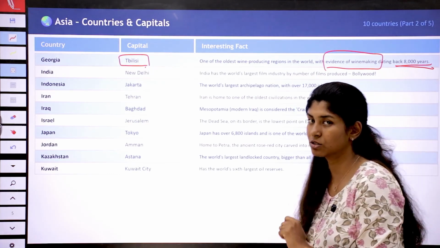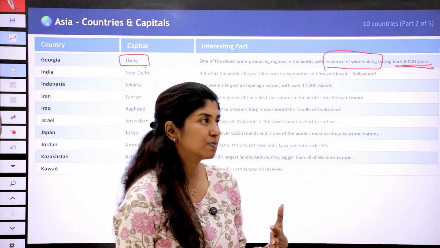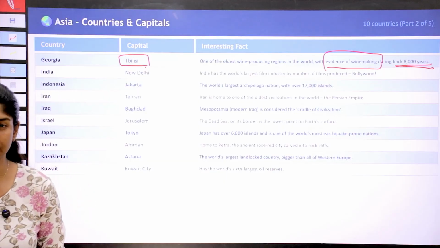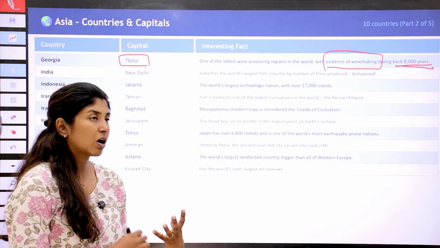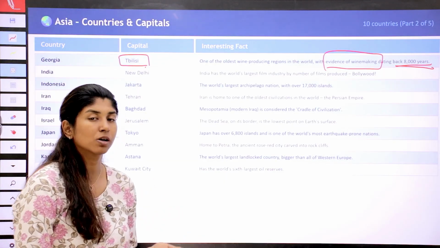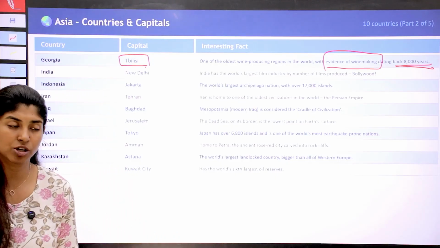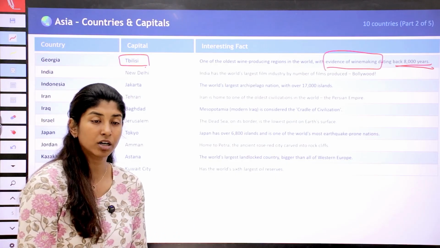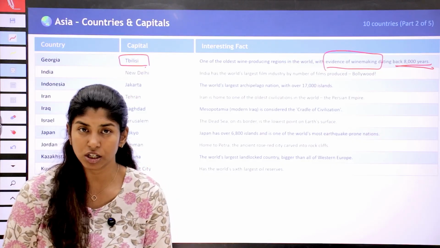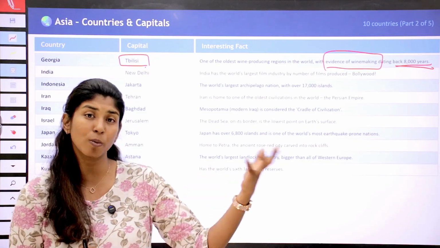What is meant by evidence of winemaking? This just means that, for example, we have the Indus Valley civilization. Although we don't have actual pictures or actual written history about it, through evidence, through archaeology, we can find out what happened so many years back.